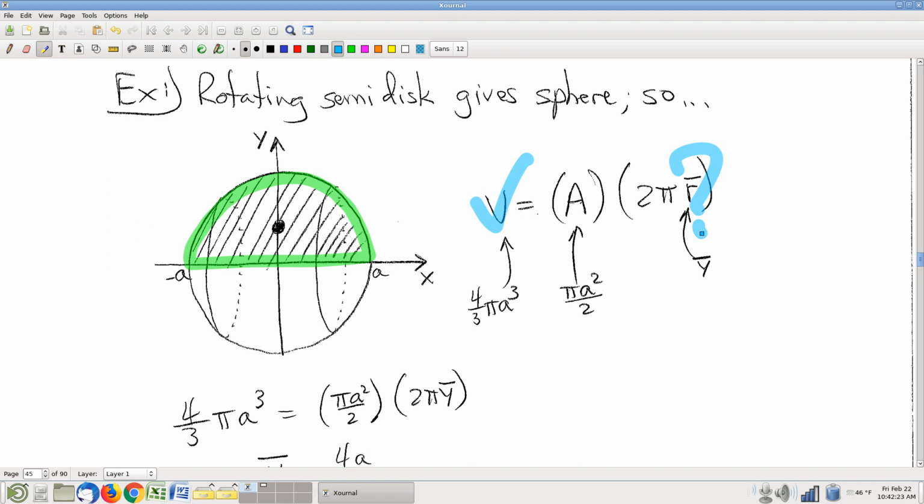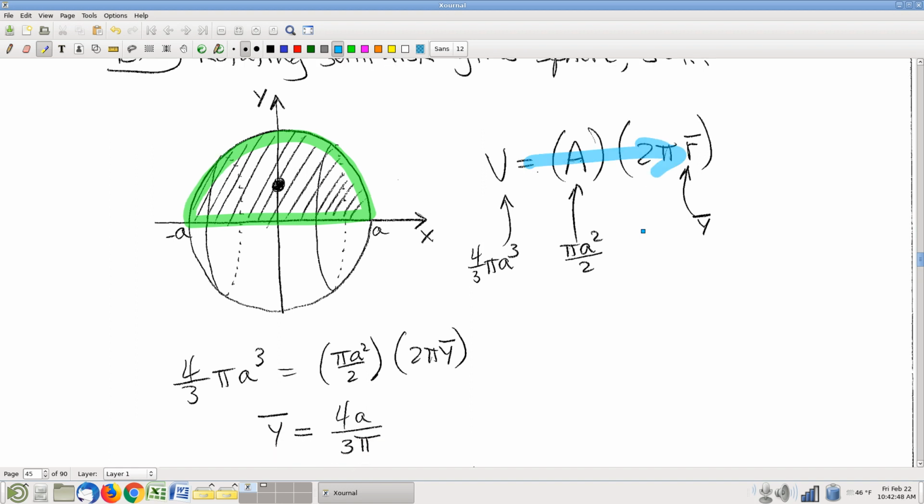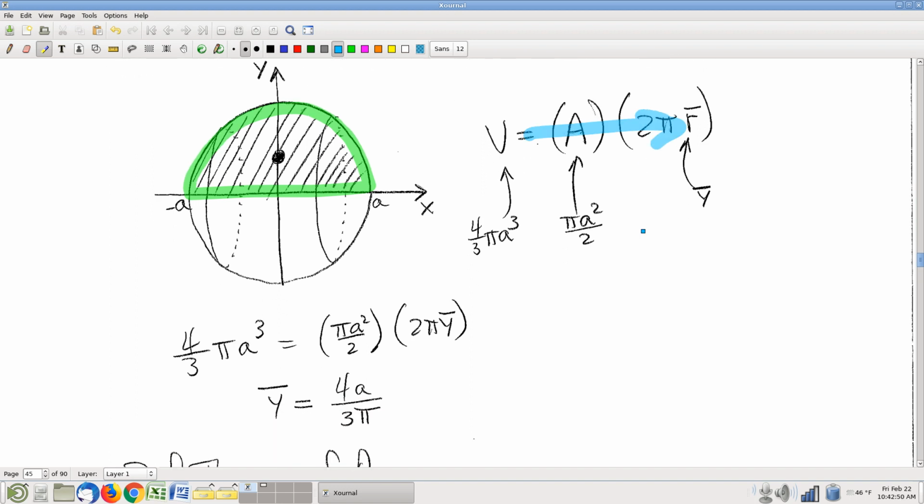A couple pages back, we had to crank out a non-trivial double integral to be able to compute where that centroid is. Here, though, because we can relate these two questions to each other, and because the answer to the volume question is ancient history, long since known formula, 4/3 pi radius cubed, Pappus's formula allows us to compute r bar. And there you go. Notice we get the same answer.